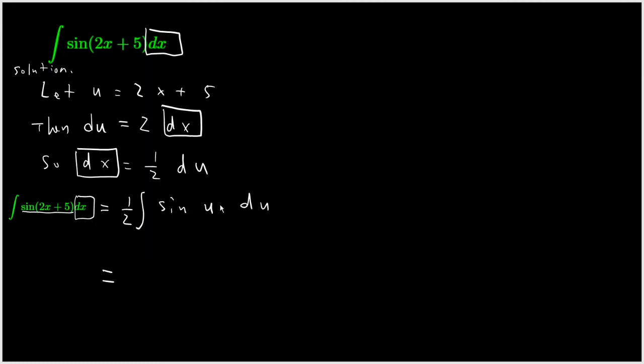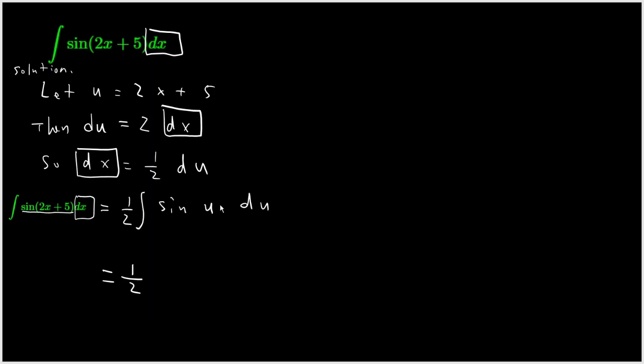Now integrate the function of u. In the new integral, you have an integral of sine u. Integrate the new integral of u. We're almost done, right? You have half of, so don't be confused. Antiderivative of sine of u: which function has the derivative of sine of u?